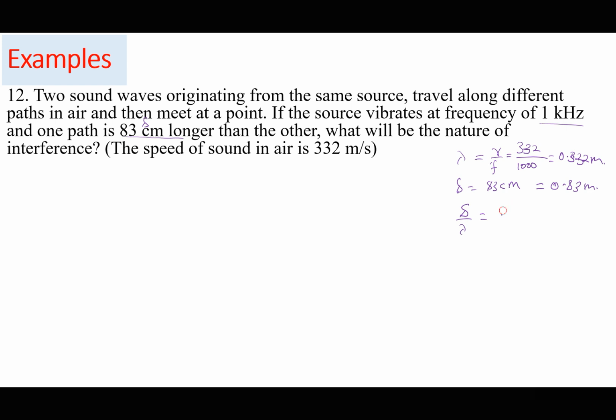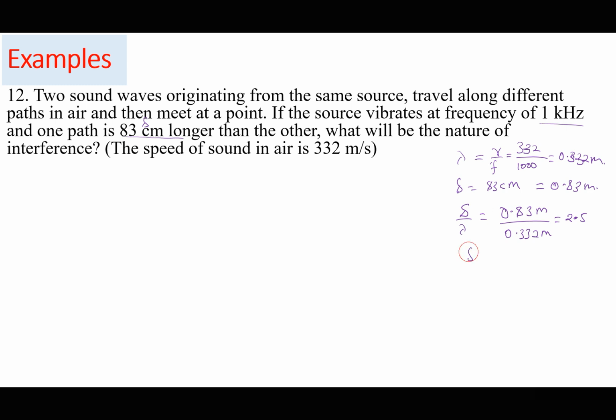So this is going to be 0.83 meters divided by 0.332 meters. So when I press my calculator, this is 2.5. Whenever you get 0.5, just know that that is destructive, because 2.5 is the same as 5 over 2 of wavelength.